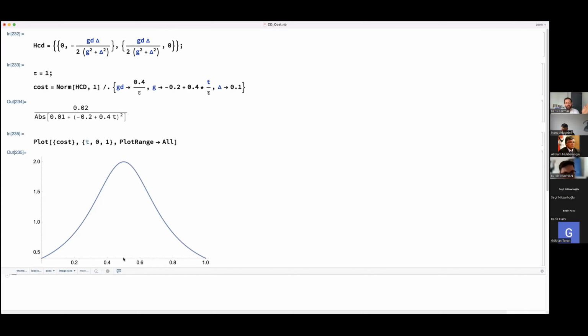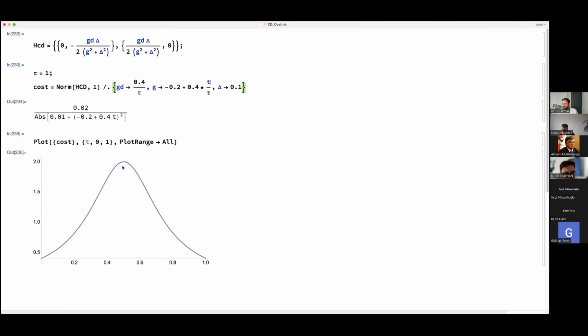This is right at T equals 0.5. If you put T equals 0.5 when tau is equal to 1, what you get is G to be 0. So we are at the minimal gap point. When we are right at the minimal gap, the instantaneous cost makes a maximum.